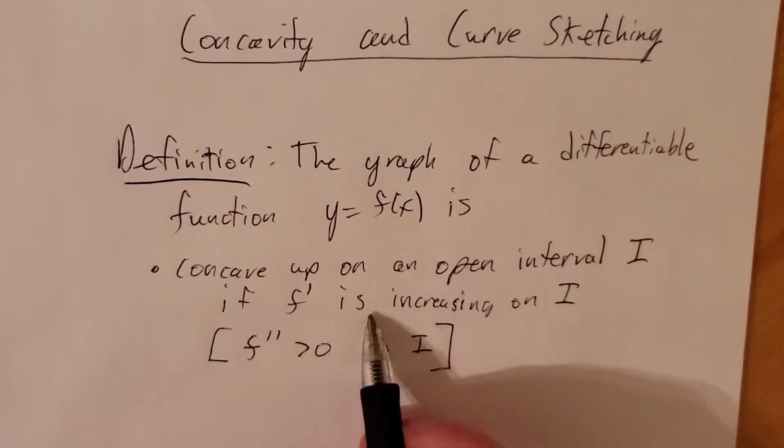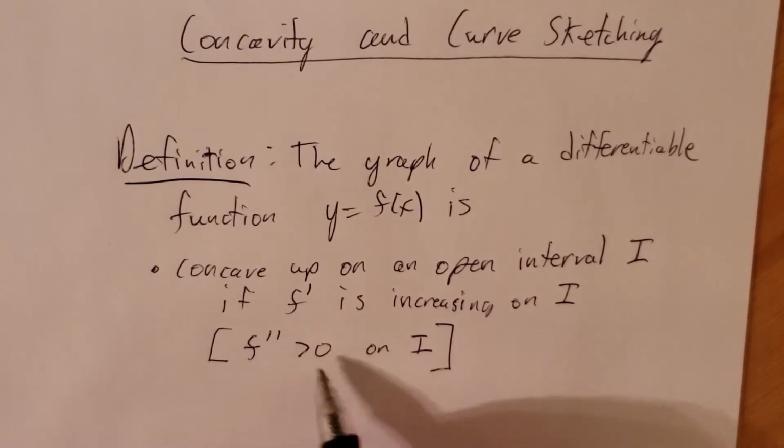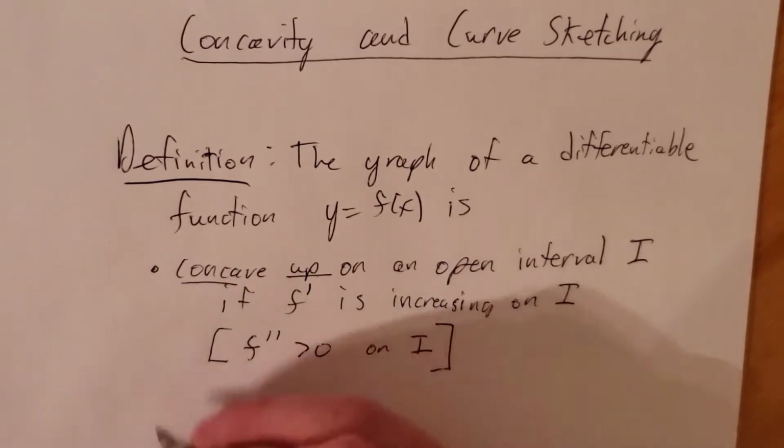If f prime is increasing, that means its derivative, so the second derivative overall, is positive. And that's our definition of concave up.